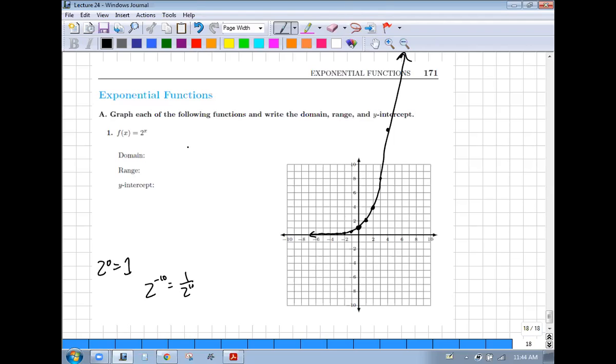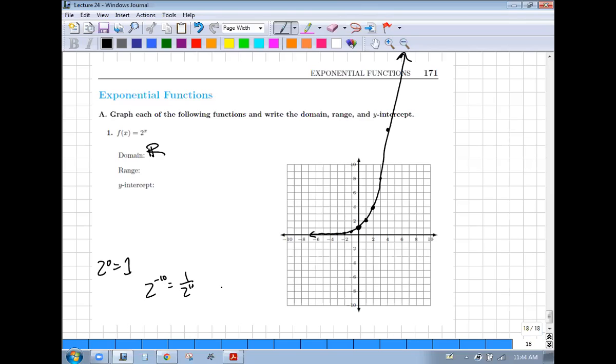The domain is numbers you can plug in where you get a number back. You can plug in any number you want here and you're going to get a number back. If you plug in a negative number, you get something really small. You plug in a positive number, you get something really big. So the domain is all real numbers.